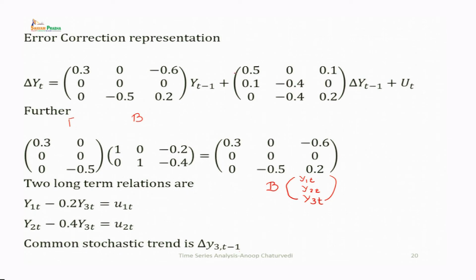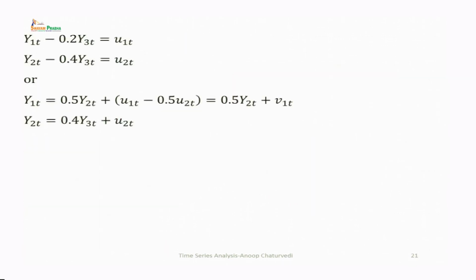Say in the first equation you have a stochastic trend delta y1t minus 1 and delta y3t minus 1. Here you have delta y1t minus 1, delta y2t minus 1. Here you have delta y2t minus 1, delta y3t minus 1. So, for these 2 equations, the common stochastic trend is delta y3t minus 1.